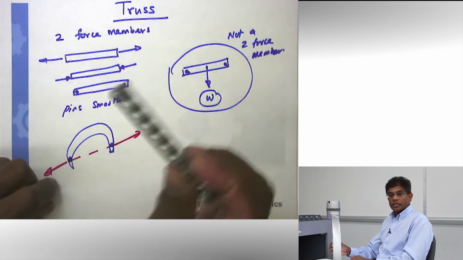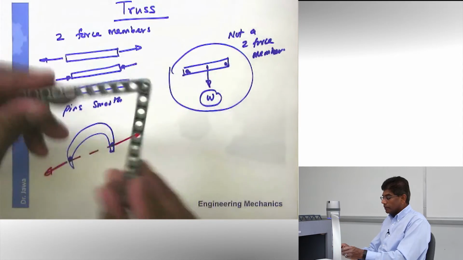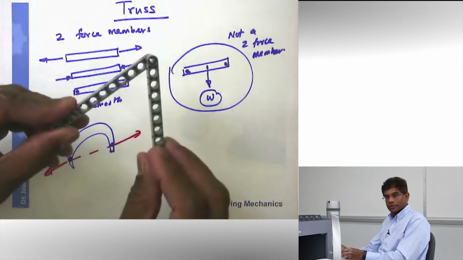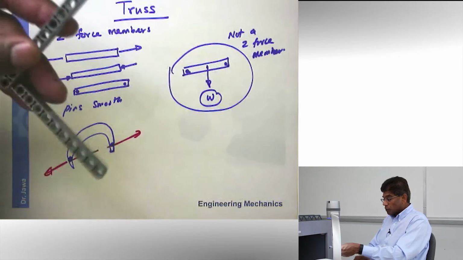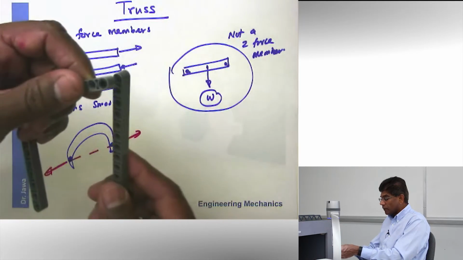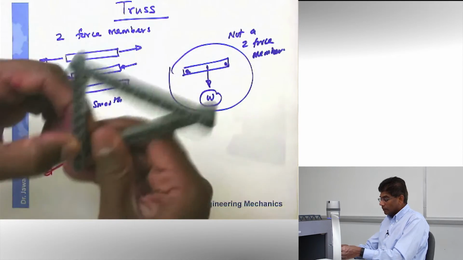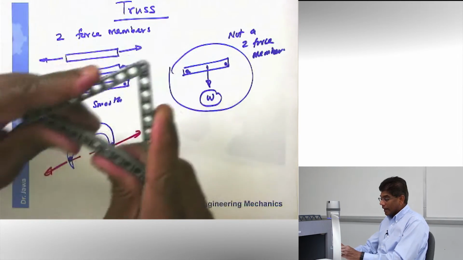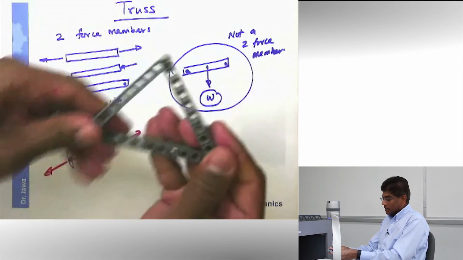This beam alone doesn't make any structure. If I take this beam and attach it to another beam, this is still not a structure. All right? So two-force members connected in this fashion are still not forming a structure, but let's say I take a third member and connect it, now I get a nice triangle, and see, actually I broke it. All right, watch this now.